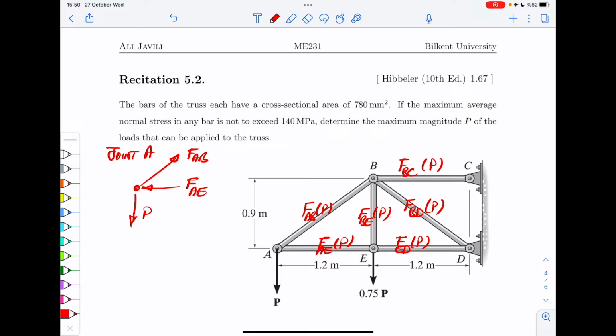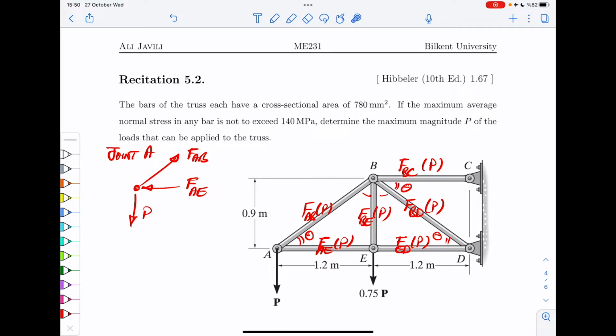So you have this. Now all you have to do is write your equilibrium equations. Again, two equations, two unknowns. Well, there are three unknowns, but you want these two in terms of P, so it's basically two unknowns. There is this angle theta here, which is the same angle here and here, and these two angles are obviously 90 degrees minus theta.